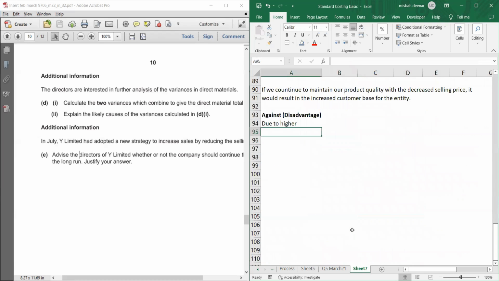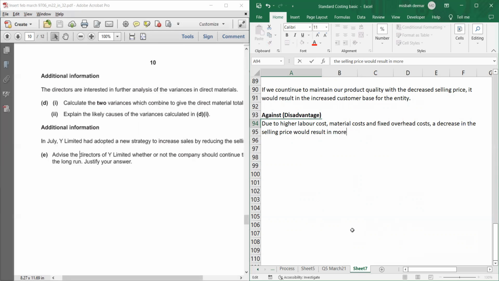So due to higher labor costs, material costs, and fixed overhead costs, a decrease in the selling price would result in more loss of contribution, or result in lesser profit for the entity.